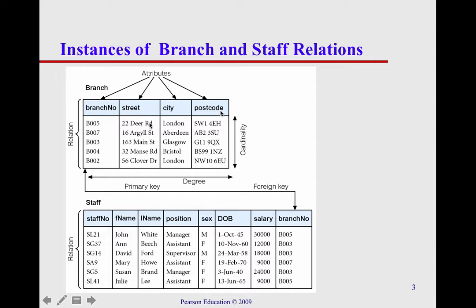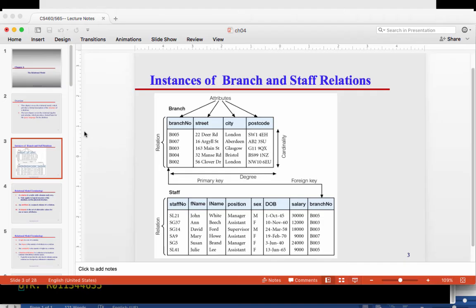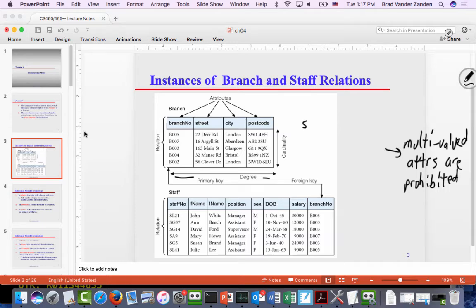It's the same relation. But in 311, if I gave you this version of branch number, and then I also gave you the version street, city, say branch number, and postcode, those would not be equivalent.